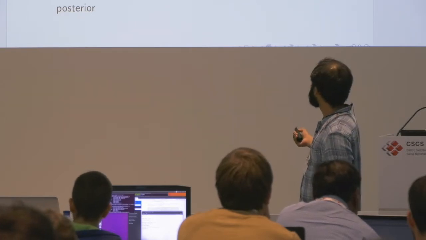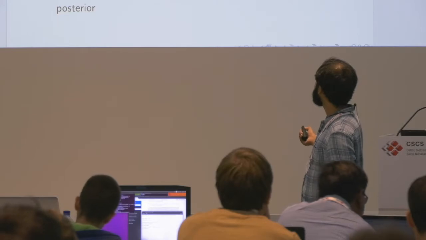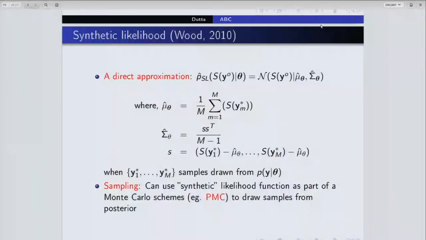What they basically do is try to estimate using a multivariate Gaussian distribution. So you have simulated these y_1 to y_M stars. Let's say you have 100 simulated data sets from theta, and they are the summary statistics. Let's say you have 30-dimensional summary statistics, so you have a 30-dimensional data set 100 times.